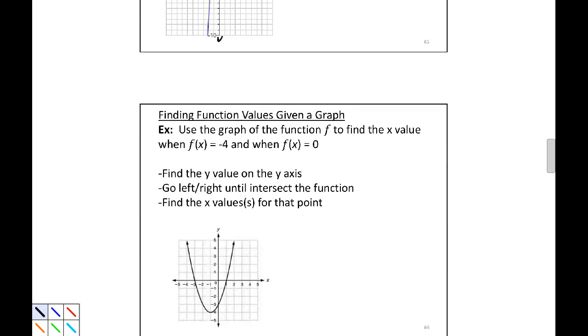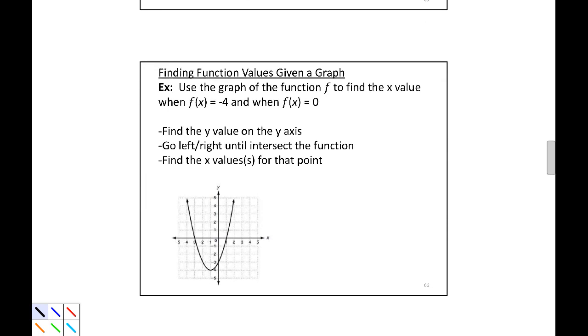Now, we can go in the opposite direction, use the graph of the function f to find the x value when f of x equals -4 and when f of x equals 0. That's telling us our output value, that's what f of x represents, the output value is -4. So what would be the input that determines that? Well, if I find an output value of -4, I need to find the input that would line up with that.